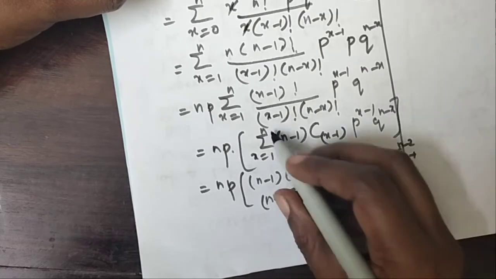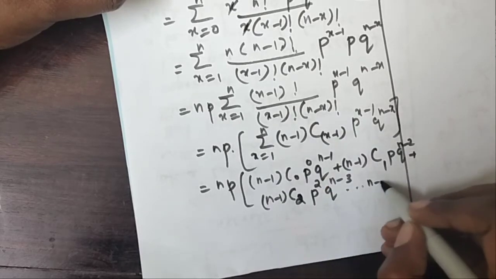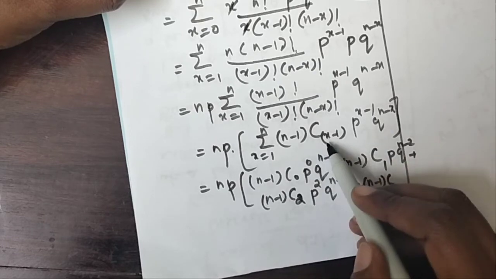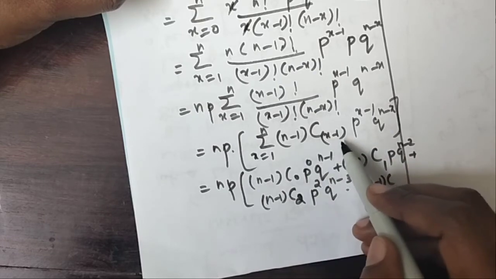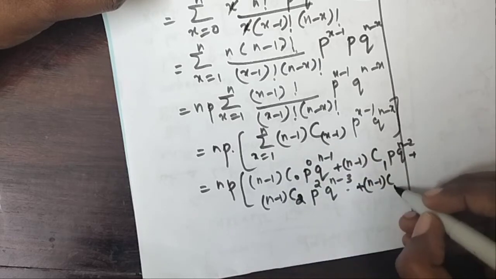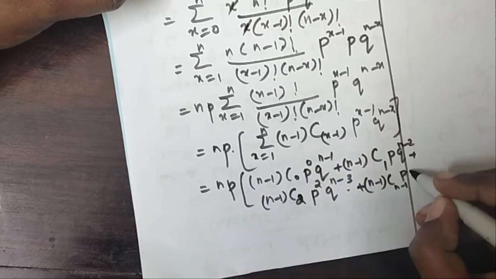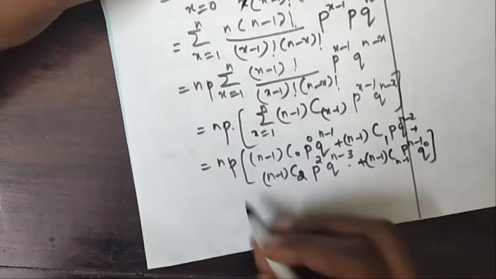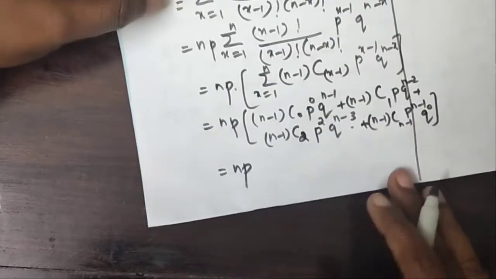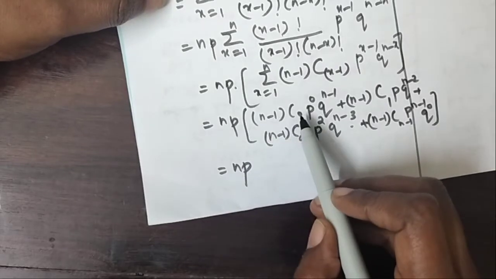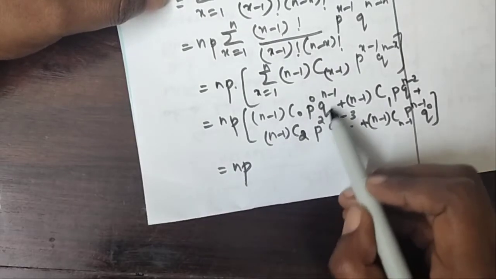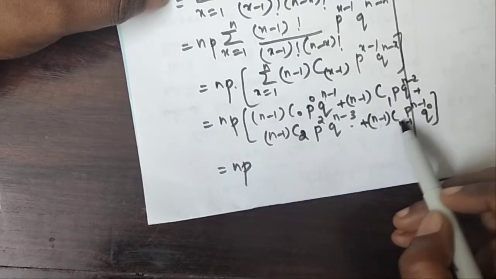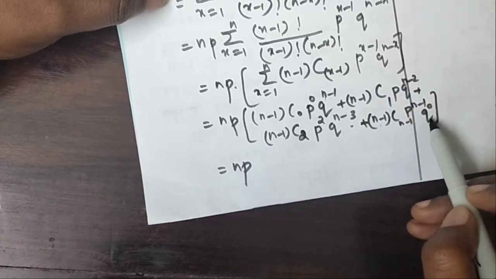Etc. Last term, if x is n, it is n minus 1 C n minus 1, p raised to n minus 1 q raised to n minus n, 0. Okay, so what is it? n minus 1 C0 is 1, p raised to 0 is 1. So first term is q raised to n minus 1, etc. Last term is n minus 1 C n minus 1 is 1, q raised to 0 is 1.